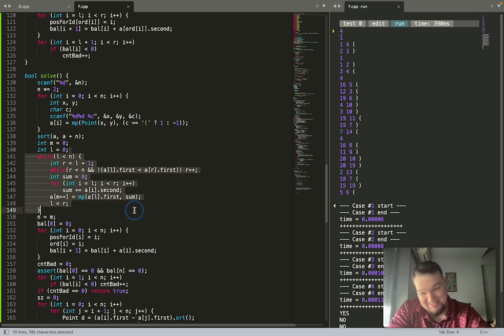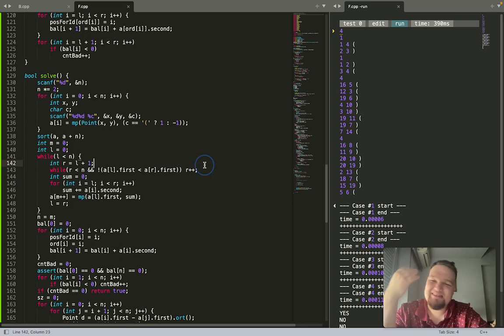I would guess that coinciding points must be a serious problem for some participants. If they just forget about their existence, it can't be fixed by anything, basically.